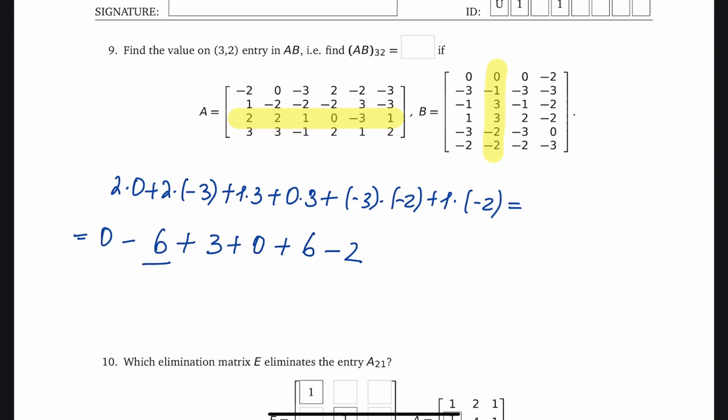Then the 6 and the 6 are going to be cancelled out, and this 3 with this minus 2 is going to be equal to 1, right? Okay, let me calculate this one more time. So it's going to be 2, oops, sorry, 0, 0 minus 2.